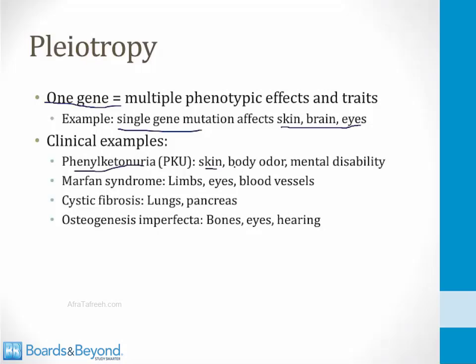It leads to a characteristic body odor, and it also causes mental disability. Marfan syndrome leads to findings in the limbs, the eyes, and the blood vessels. Cystic fibrosis can involve the lungs and the pancreas, and osteogenesis imperfecta can involve the bones, eyes, and hearing. And there are many other examples of genes that have pleiotropic effects and genetic disorders that are caused by a single gene mutation but lead to abnormalities in multiple organ systems.